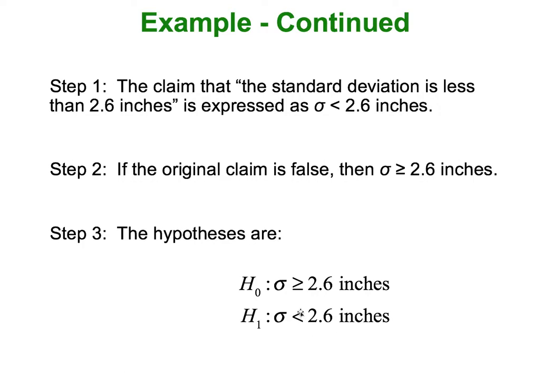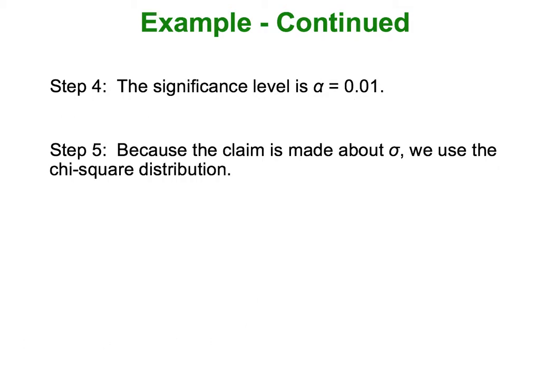Since the arrow in the alternative hypothesis points left, we're going to be making a left tail test. We're told to use a significance level of 0.01, and as I said, we use chi-square to find the critical values.